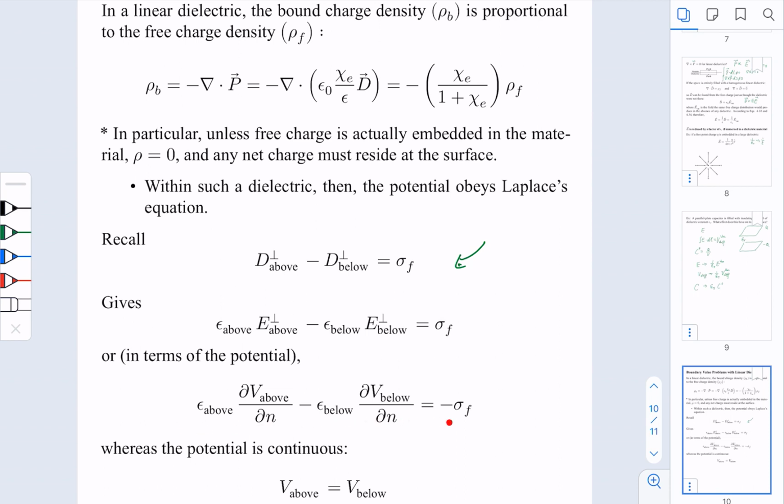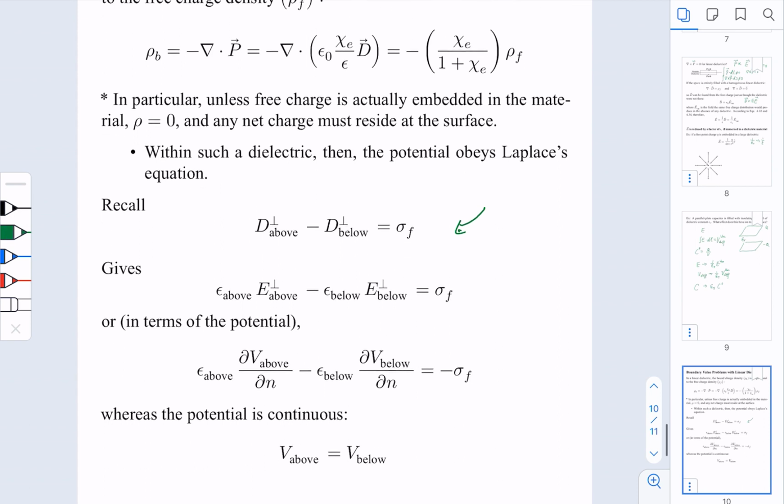an expression similar to the discontinuity equation for the scalar potential. But here the difference is that it's no longer epsilon naught on the left hand side, and the total charge is replaced by the free charge on the right hand side.